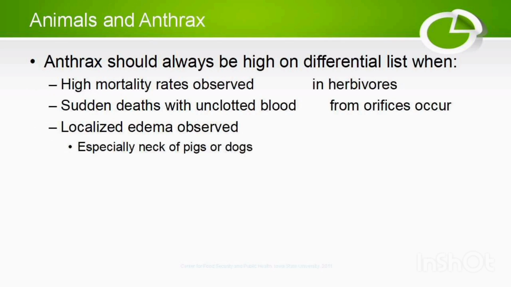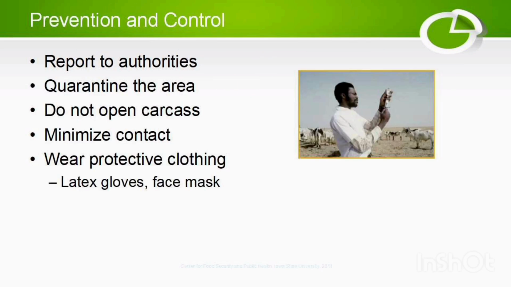Anthrax should always be high on a differential list when there is high mortality in a group of herbivores. Sudden death occurs with unclotted blood seeping from orifices, and localized edema occurs, especially of the neck in pigs and dogs. Anthrax is a notifiable disease. If anthrax is suspected, the state veterinarian and local health officials should be contacted.